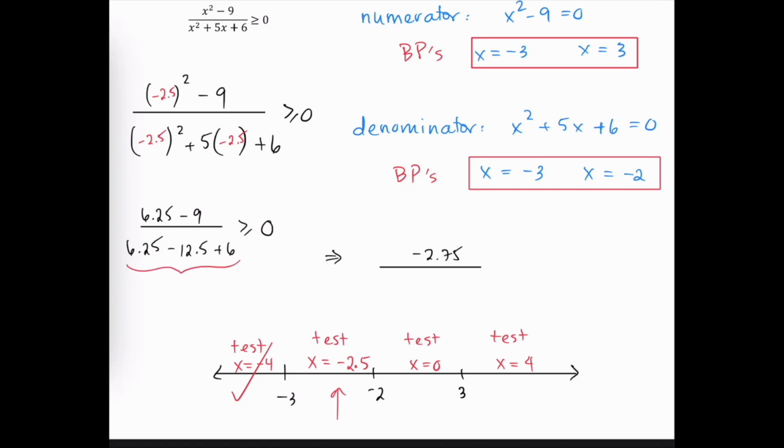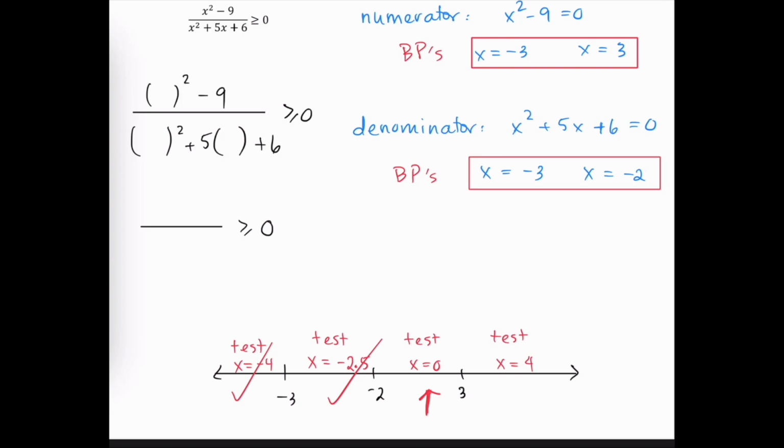And all of this in the denominator combines to be negative 0.25. And a negative number divided by a negative number is going to be a positive number greater than 0. So x is equal to negative 2.5 is also going to represent a working interval.